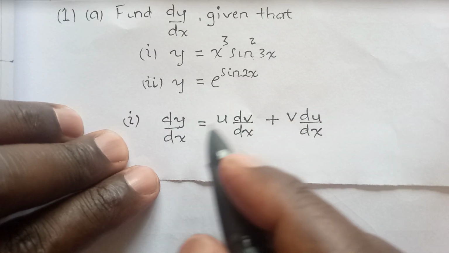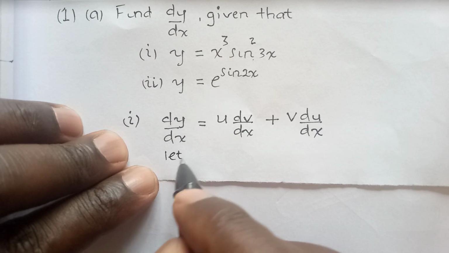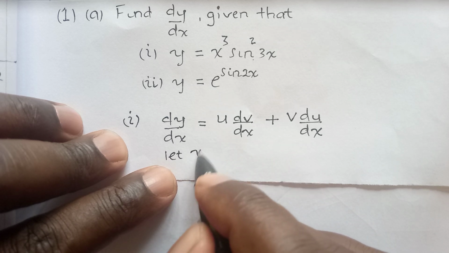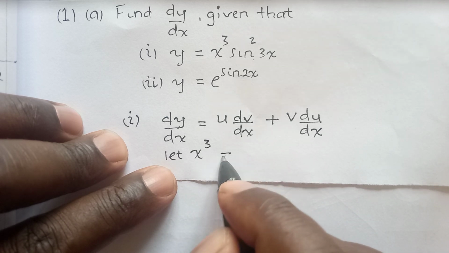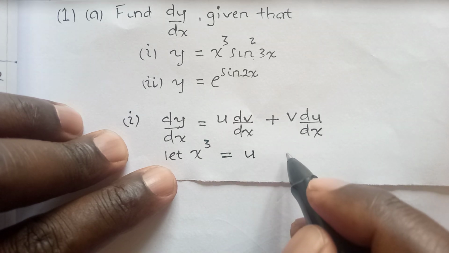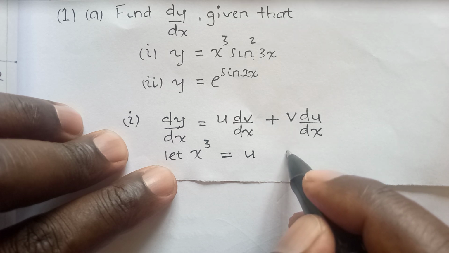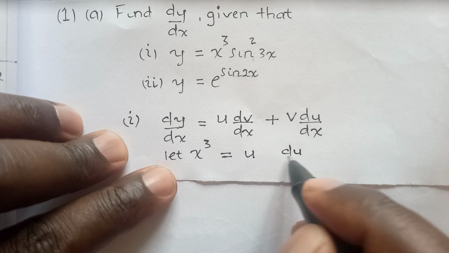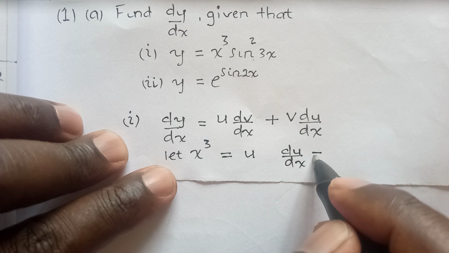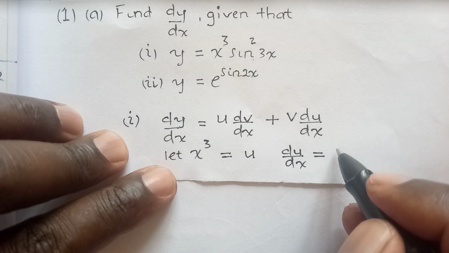So we say, let x cubed be equal to u. And so du/dx is supposed to give us 3x squared.